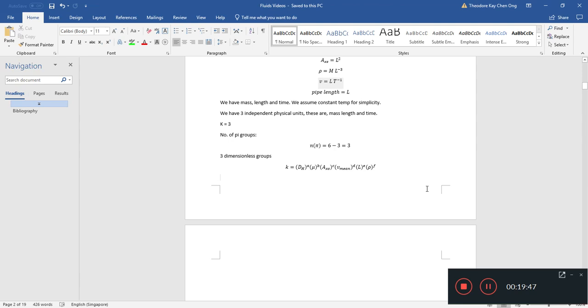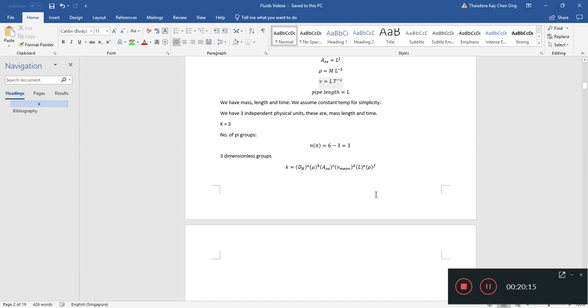The point is not to solve for all of these, but the idea is that we want to find a way to choose all these exponents a, b, c, d, e, f such that at the end of the day, whatever groups we put together, it is dimensionless.